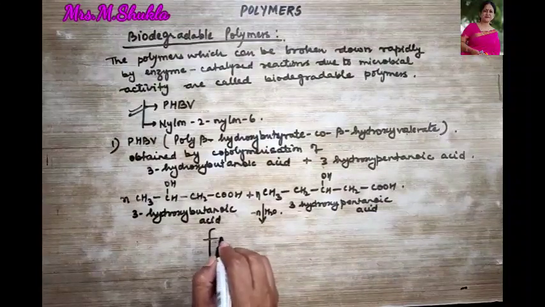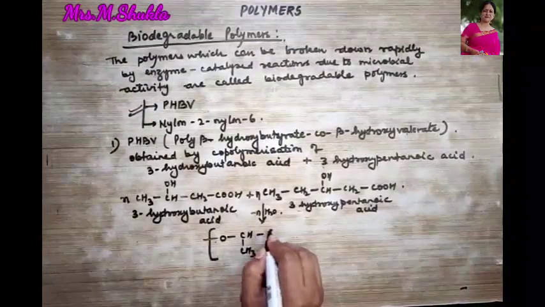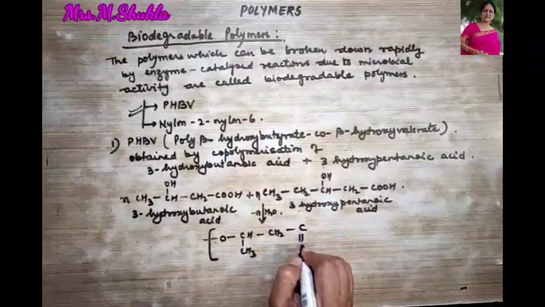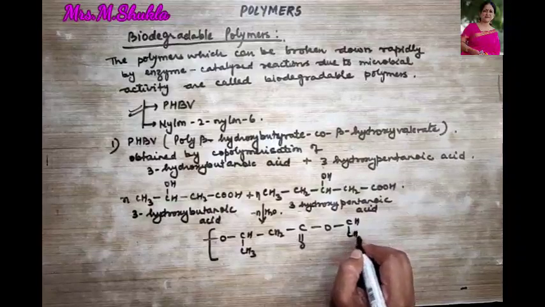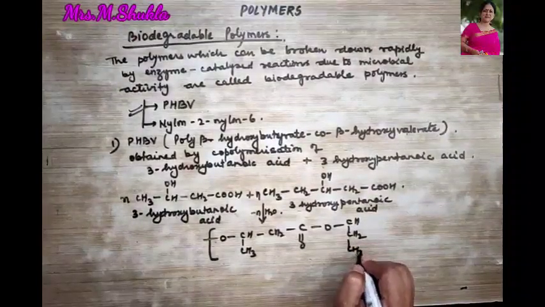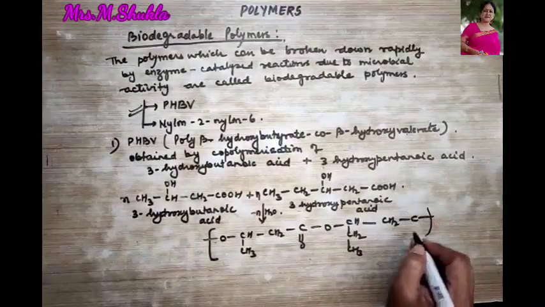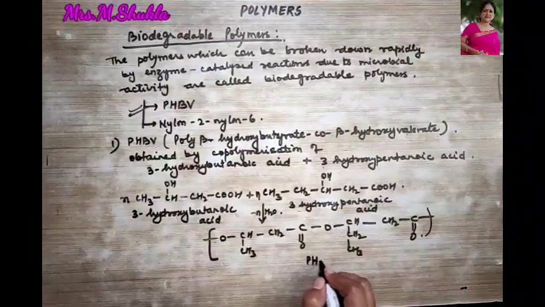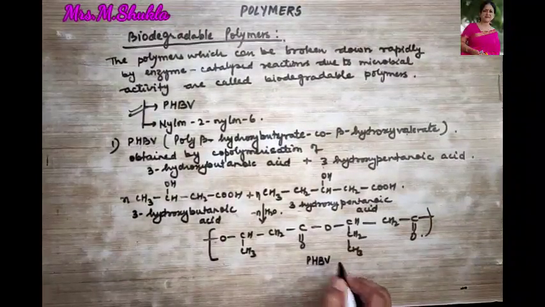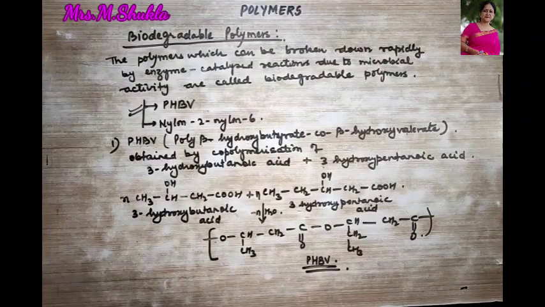So look at the formula of it. CH3, CH2, C double bond O, OCH, CH2, CH3, CH2, C double bond O. This is your PHBV. This is the polymer that you obtain. Clear?